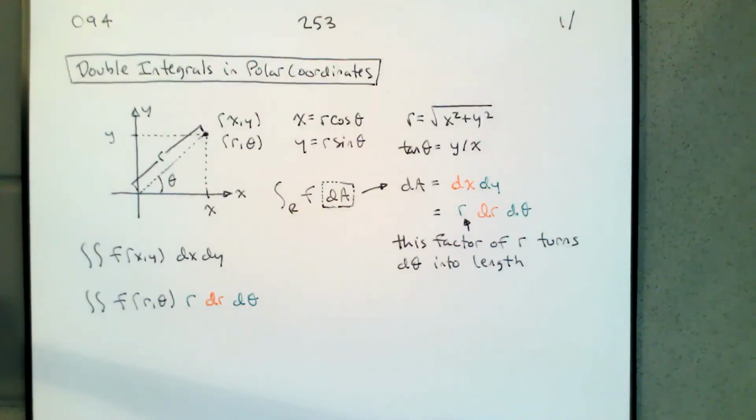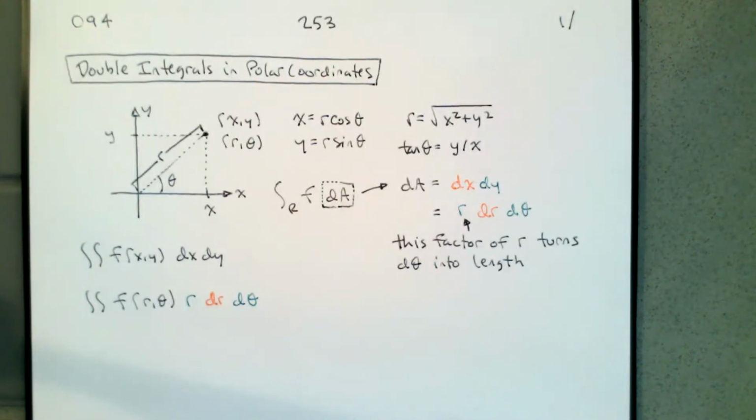With rectangular coordinates, dA was just dx times dy. dx is a small change in length, dy is a small change in length, so their product will be a small chunk of area. The problem in polar coordinates is that theta does not represent a length. Theta represents an angle. So d theta is a small change in angle, and so dr d theta does not represent an area.